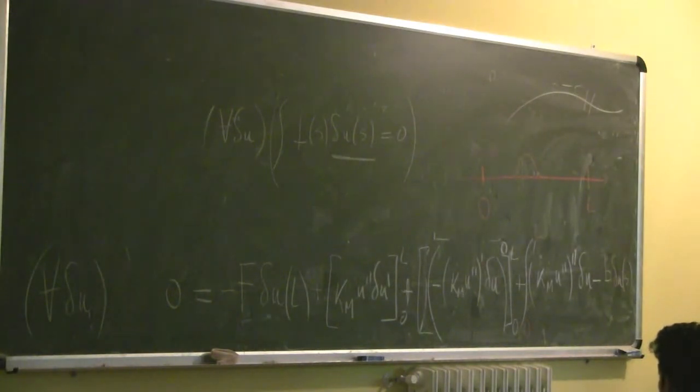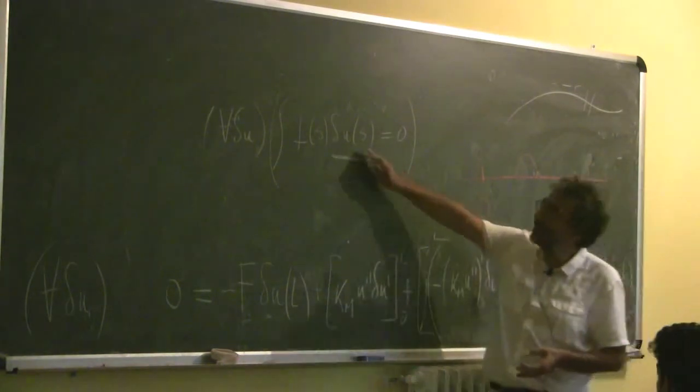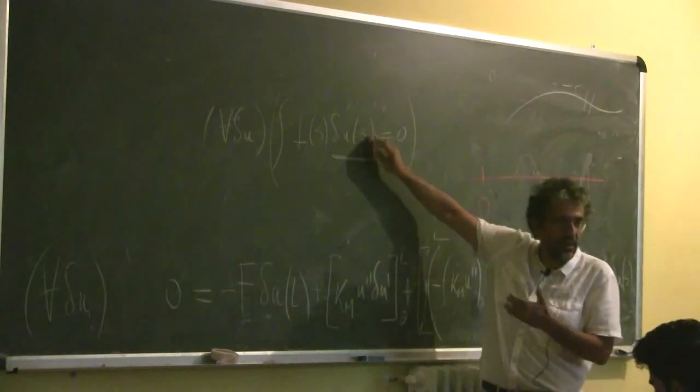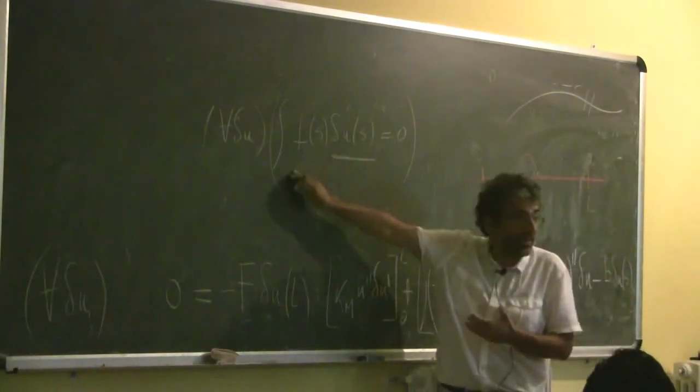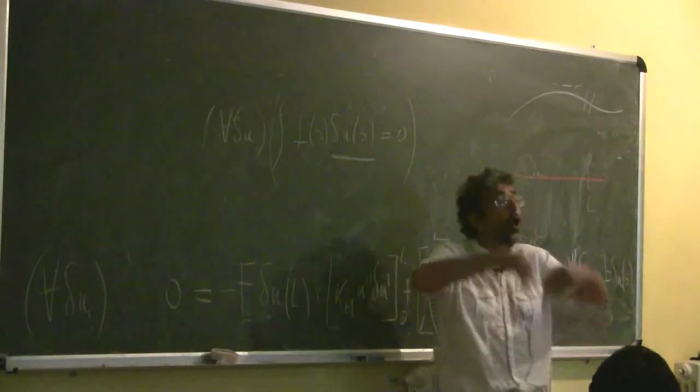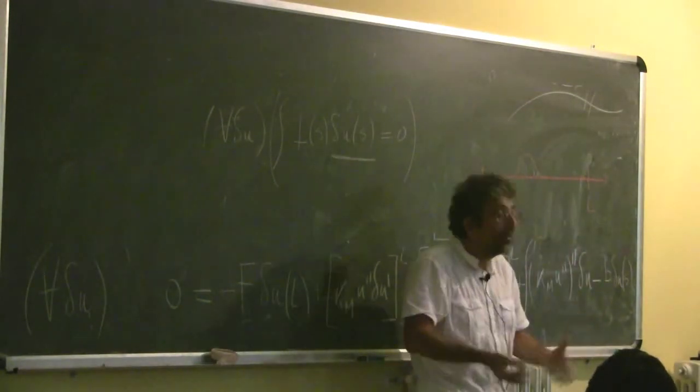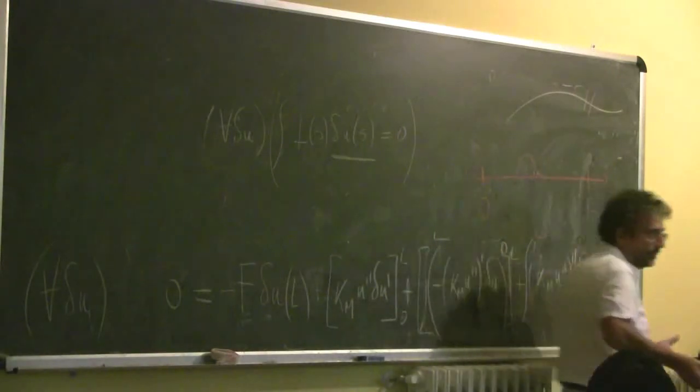Can I tell something about f of s? Theorem of Lagrange. If f of s is continuous, then the only possibility is that f of s is 0. The only continuous function which multiplies times regular functions delta u and integrated over an interval gives always 0 is the 0 function.